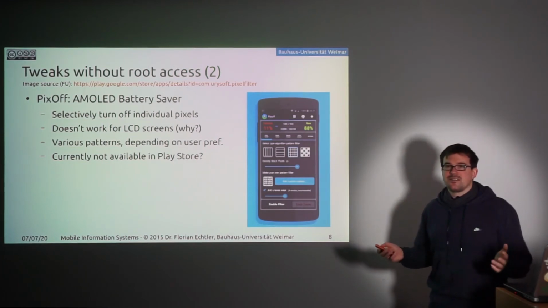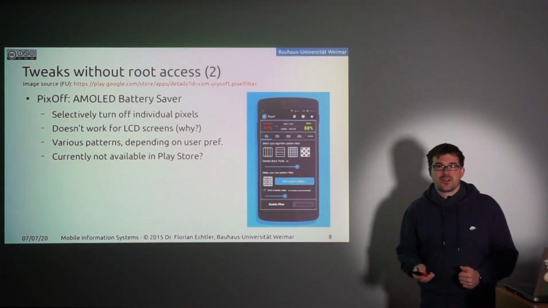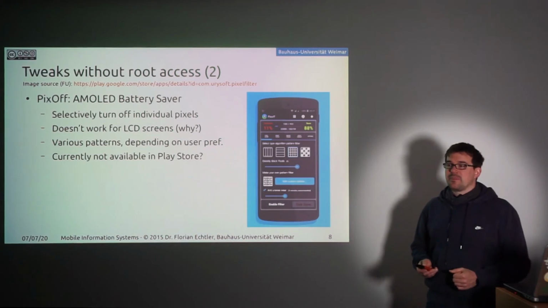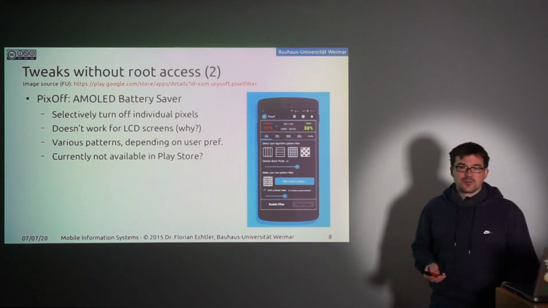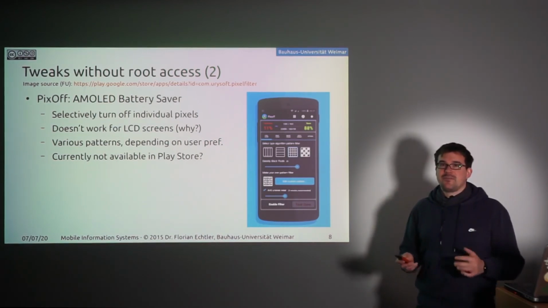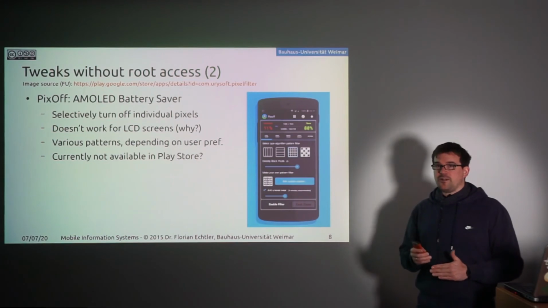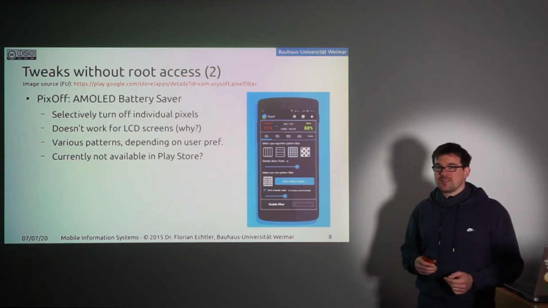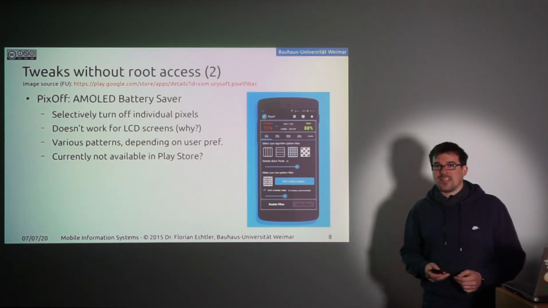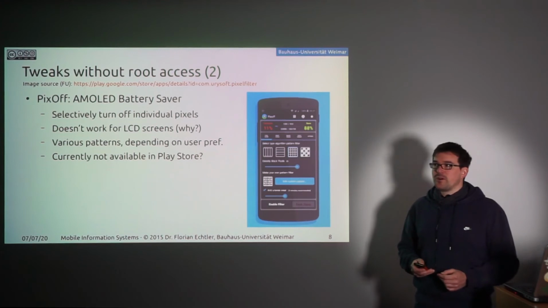Maybe there's a successor app by now that works better. But the feature that Android offers that allows you to do this is that you can have an app that draws on top of other apps. So you can have all sorts of overlays over other apps. This is a special permission that you need to enable for that app to work.